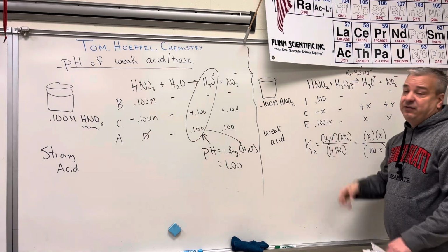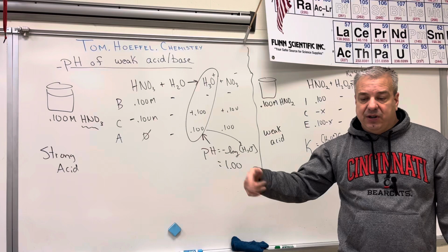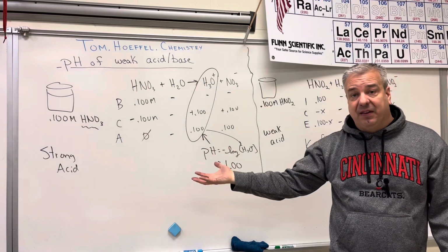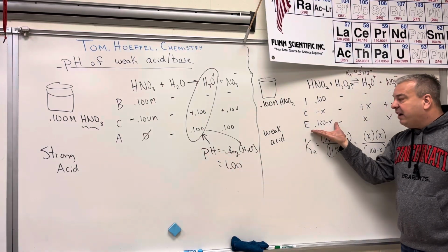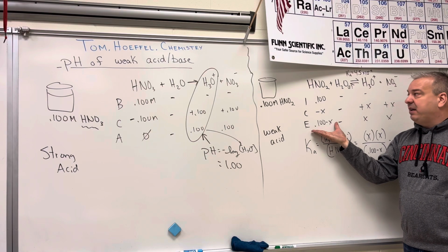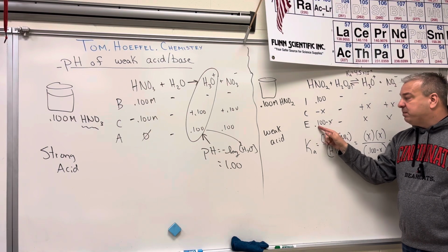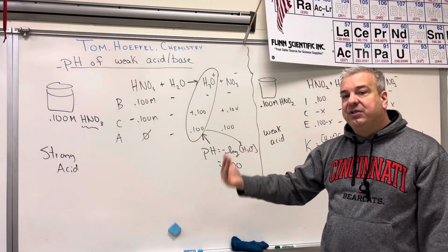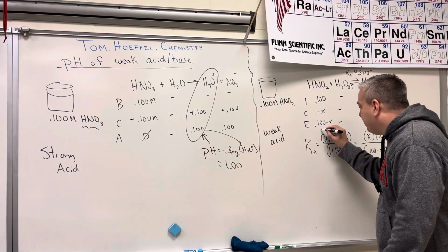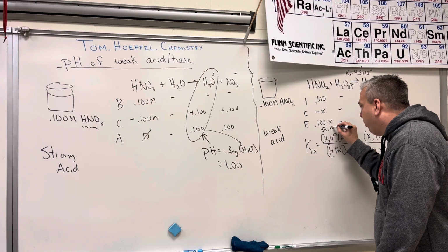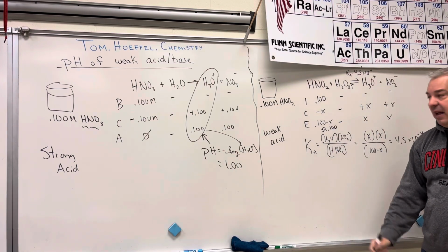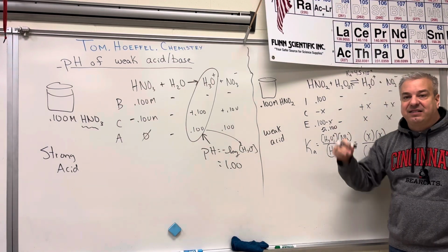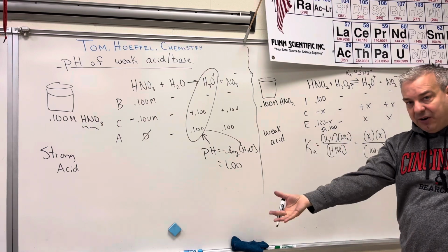So if this x value is like 0.00001 or something like that, that's not really affecting the molarity of the HNO2, because 0.1 minus 0.0001 is still going to be approximately 0.100. Because this x is so ridiculously small.